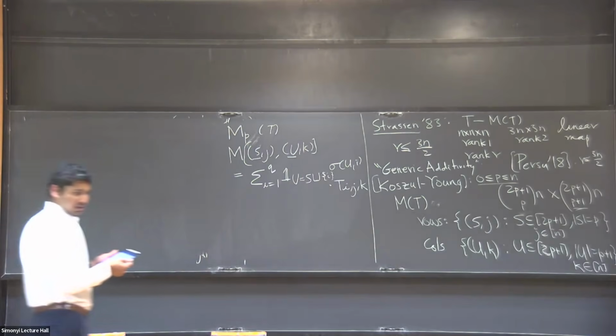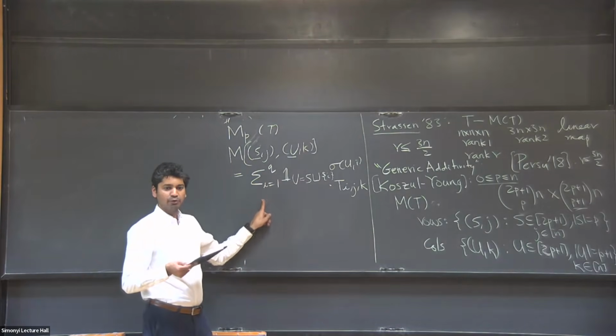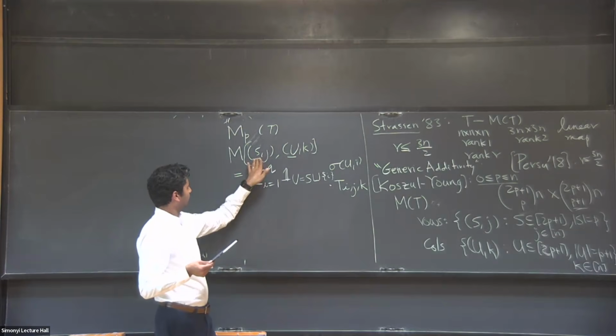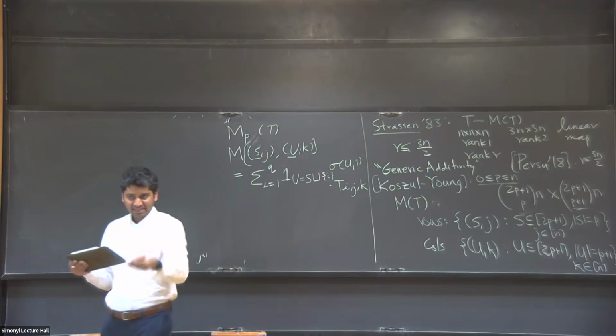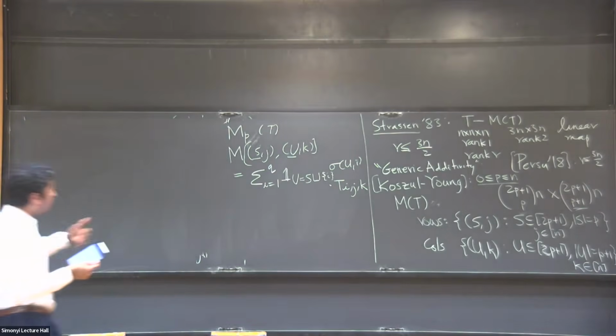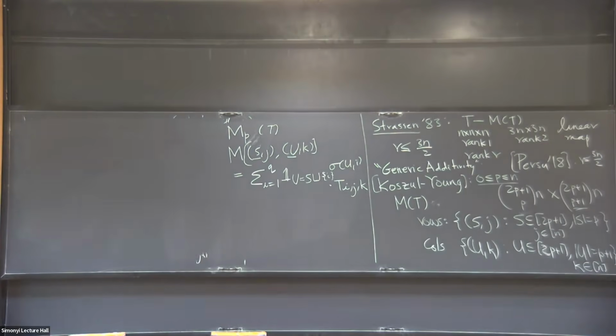So for a fixed S and U, notice that exactly 1 index would be activated. Everything else is 0. S is a P set, U is a P plus 1 set. You want U to basically be S, disjoint union with some extra index. There can only be one of them.